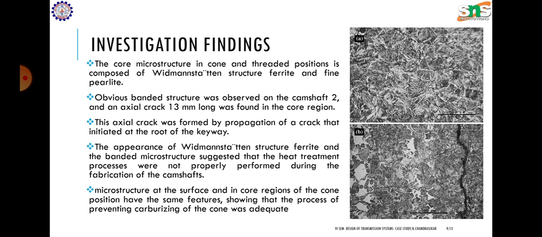The core hardness of the camshaft material is HRC 30.5 and 31.5 respectively, which corresponds to the specified HRC 30 to 34, the normal value, and similar values were found in both camshafts.